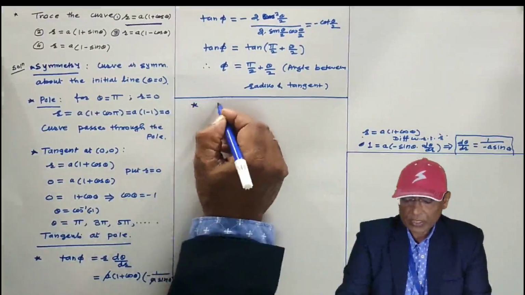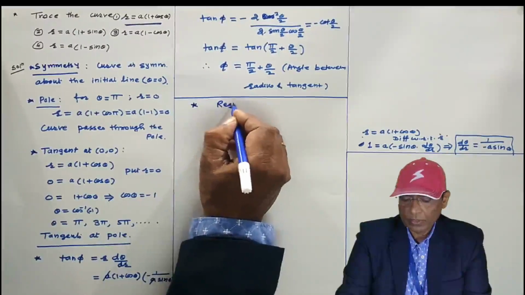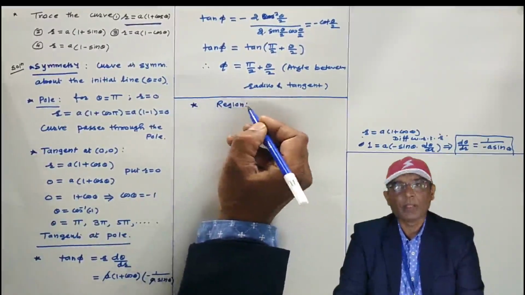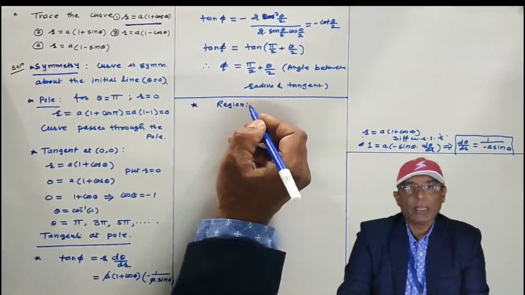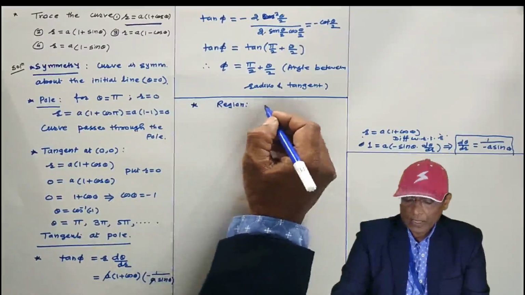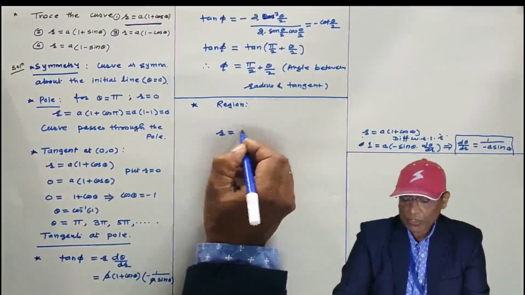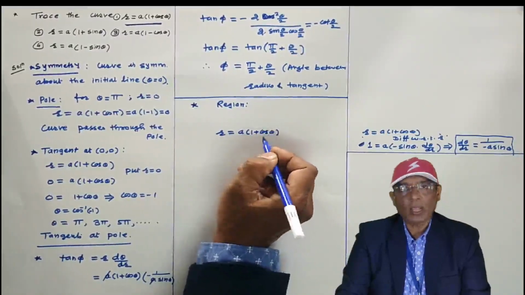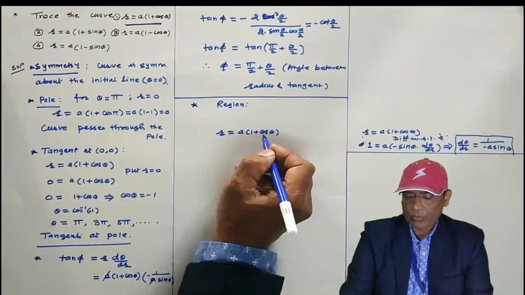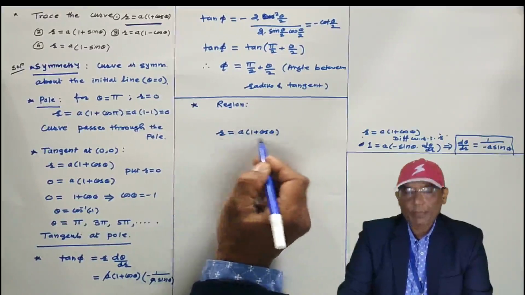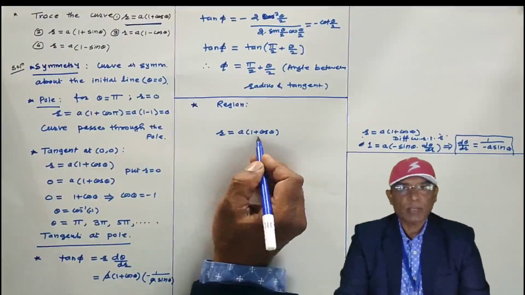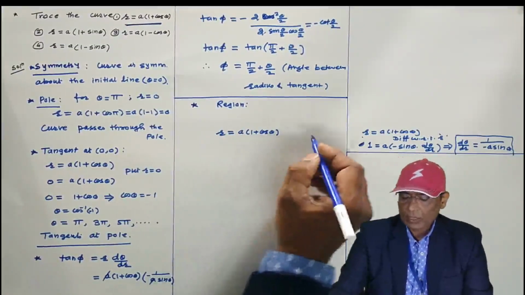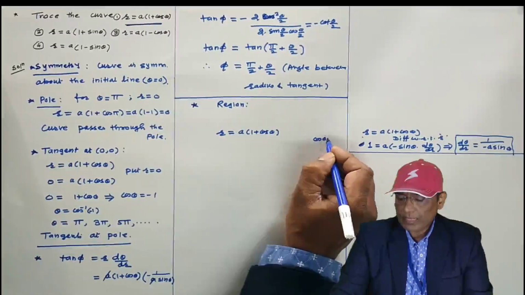The next characteristic is the region. In which region does the curve lie? How do you get the region of r = a(1 + cos theta)? In short, if sine and cosine functions are in the equation of the curve, what is the maximum value of sine and cosine?